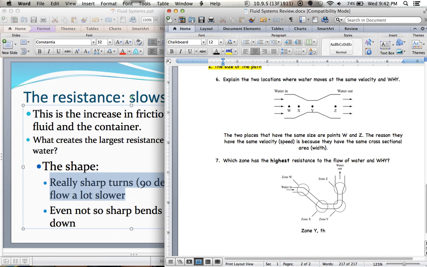And the reason is because it's the sharpest turn, and the resistance is greatest at the sharpest turn, where there are turns.